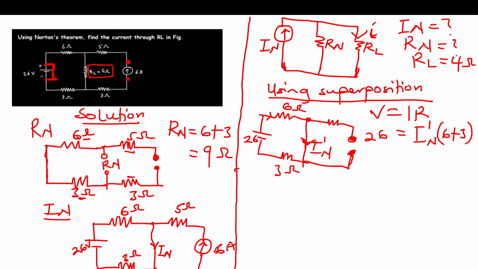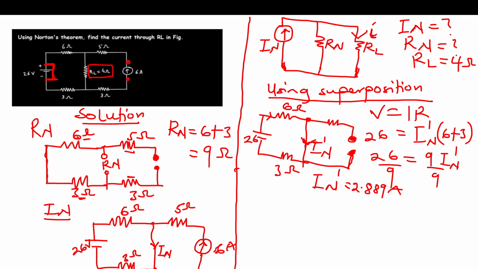So 26 is equal to 9 In prime. I'm going to divide here by 9, here too by 9. What am I going to get for In prime? 2.889 amperes. This is the Norton's current when 26V is acting alone.